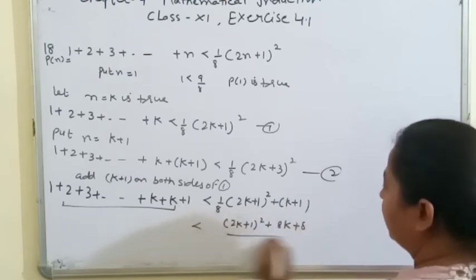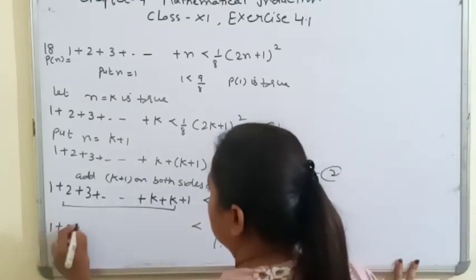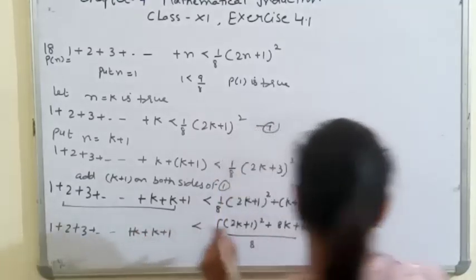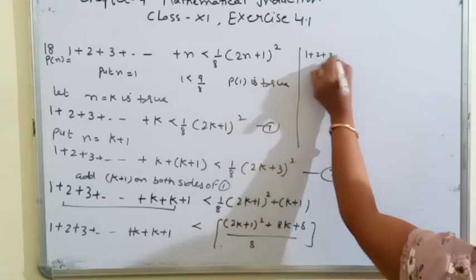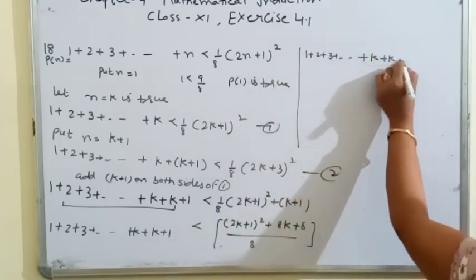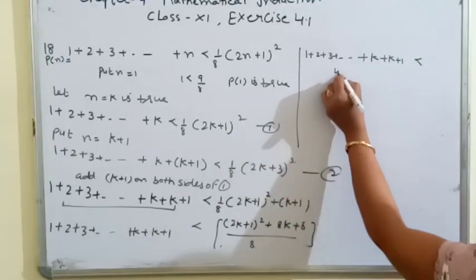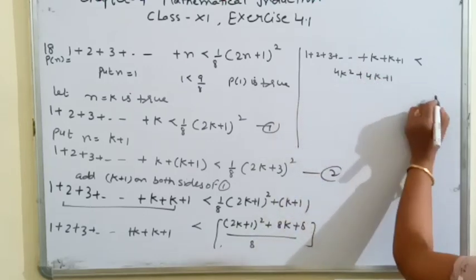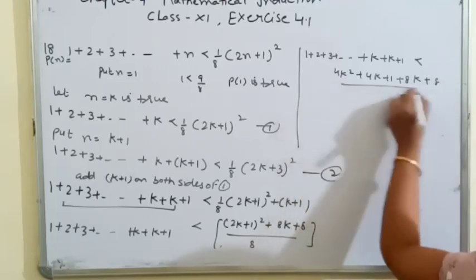After taking the LCM, 1 plus 2 plus 3 and so on up to k, plus k plus 1, is less than, let's solve it, 4k square plus 4k plus 1 plus 8k plus 8.